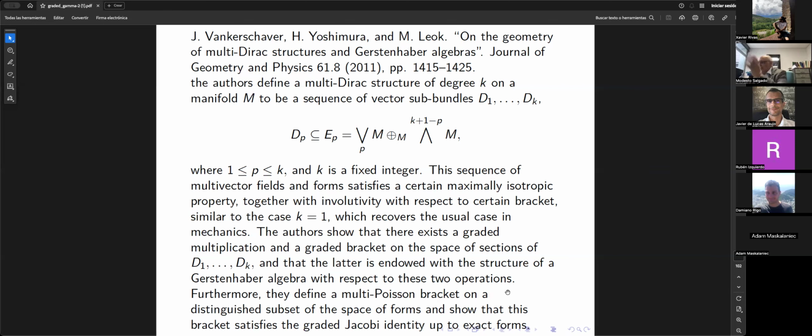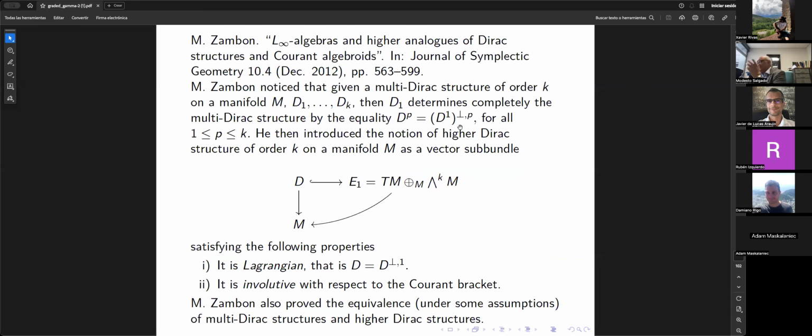Okay, so we did some things, and this is another approach by Marco van Boom in 2012. Marco noticed that giving a multi-Dirac structure in this sense, then D1 determines the rest. So you have D1, you have the rest. And he introduces a new notion.